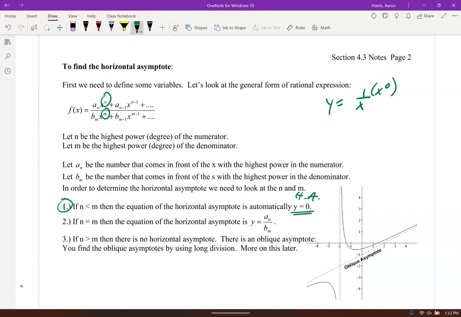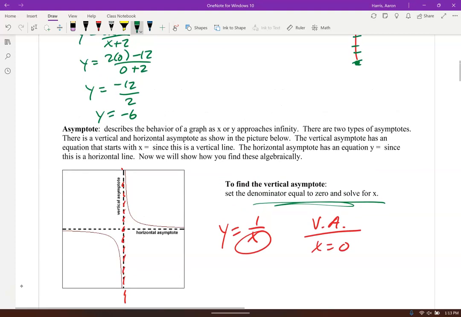The degree of the top is 0, the degree of the bottom is 1. 0 is less than 1. So automatically, the horizontal asymptote is y equals 0. That's this one pictured right up here. Here's the green horizontal line, y equals 0. Okay, so it has a horizontal asymptote, y equals 0.